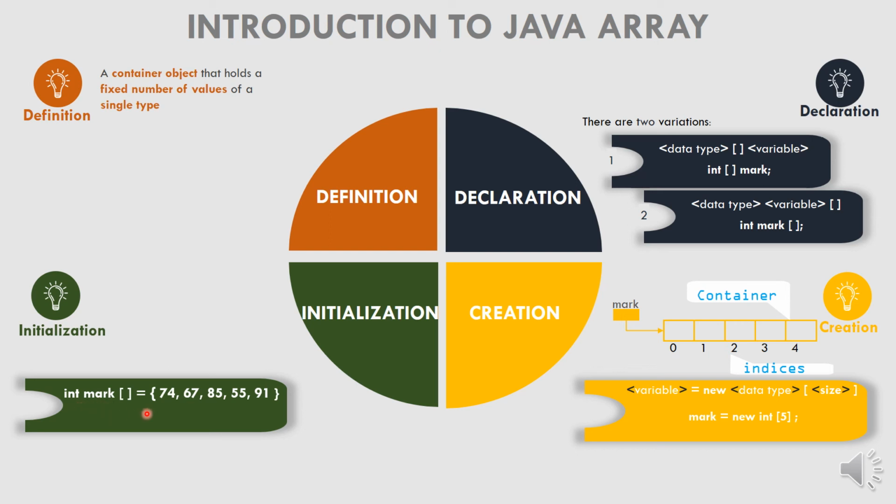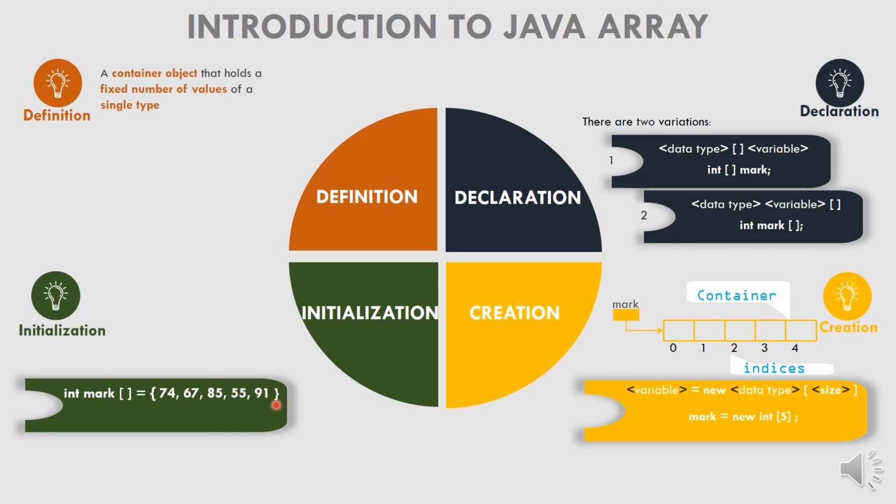Okay, now on the right side, these are a series of integer values. On your count, yes, there are 5 values separated by commas in a curly braces block.